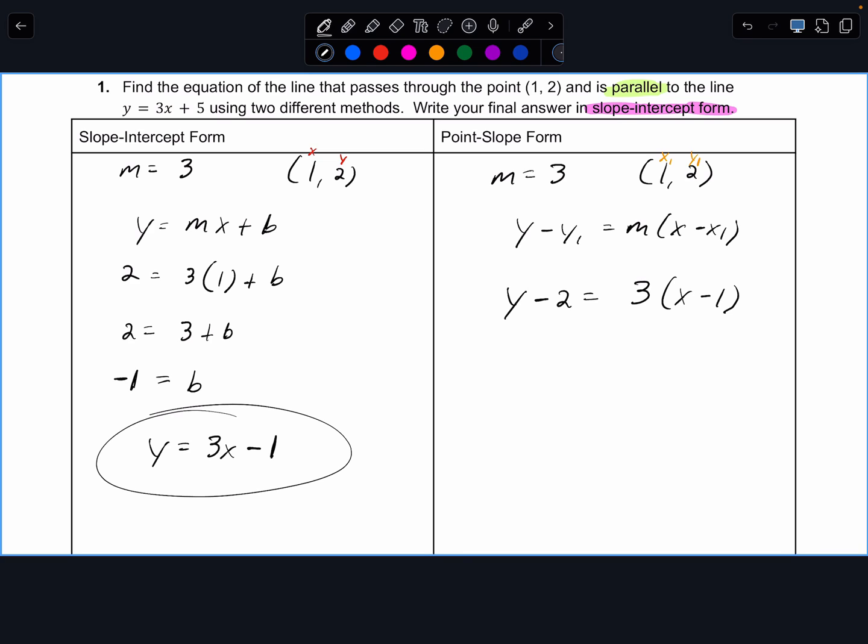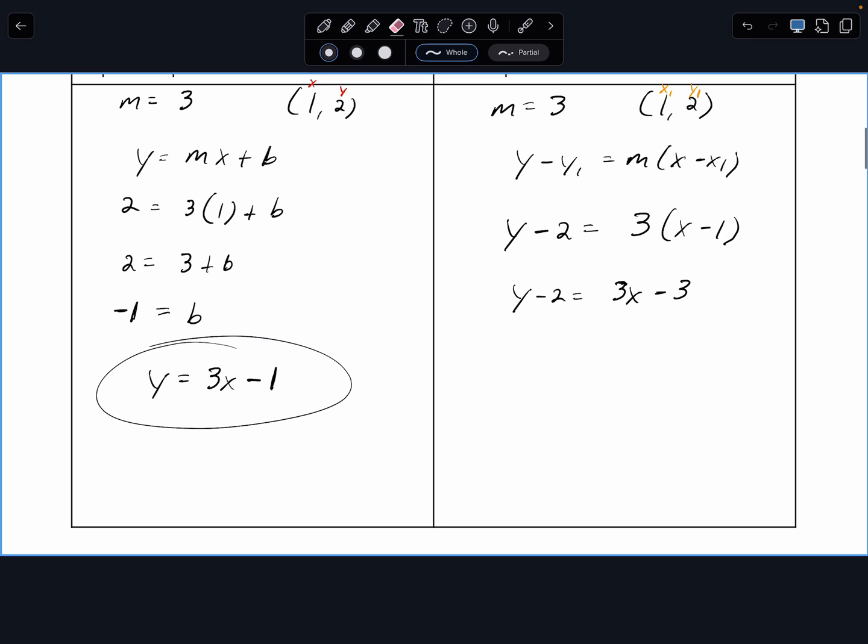Distribute what number? The 3, so let's do that. So 3x minus 3. Make sure it multiplies by both things. That's a common mistake, right? Students forget to multiply by both. And then how do I get y by itself? Add 2 to both sides. Now I hope you're not surprised that you get the same answer.